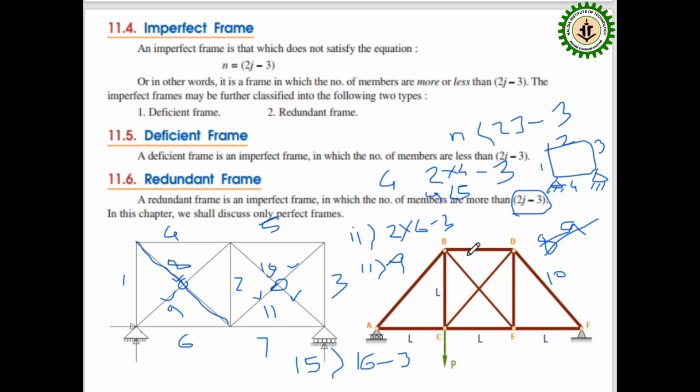We'll count again: 1, 2, 3, 4, 5, 6, 7, 8, 9, 10. And the number of joints is 1, 2, 3, 4, 5, 6. 6 into 2 is 12, 12 minus 3 is 9. So 9 is less than 10. So this is also called a redundant frame.